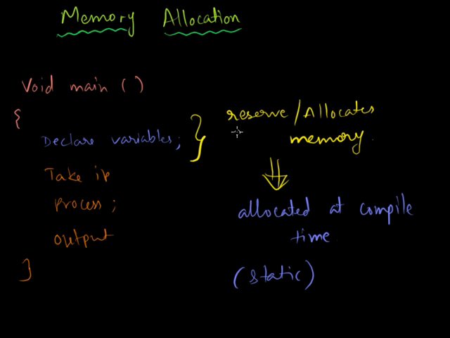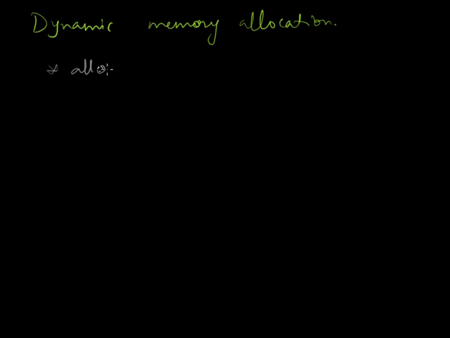Another type of memory allocation which is quite popular is called dynamic memory allocation. What it does is it allocates memory at runtime.